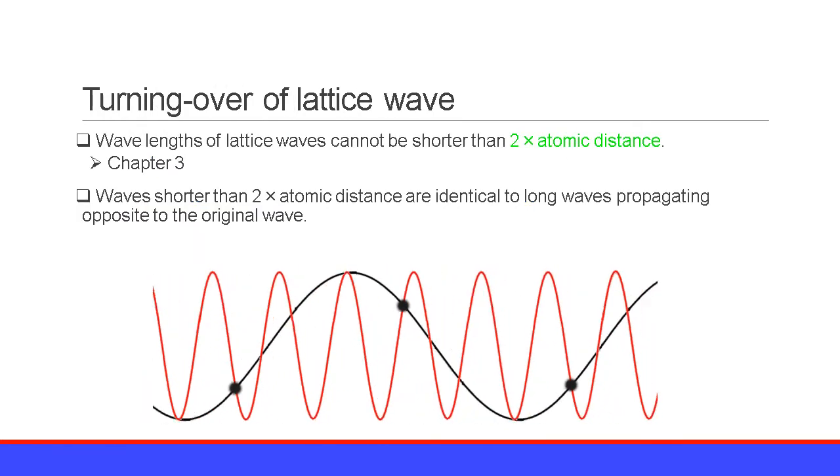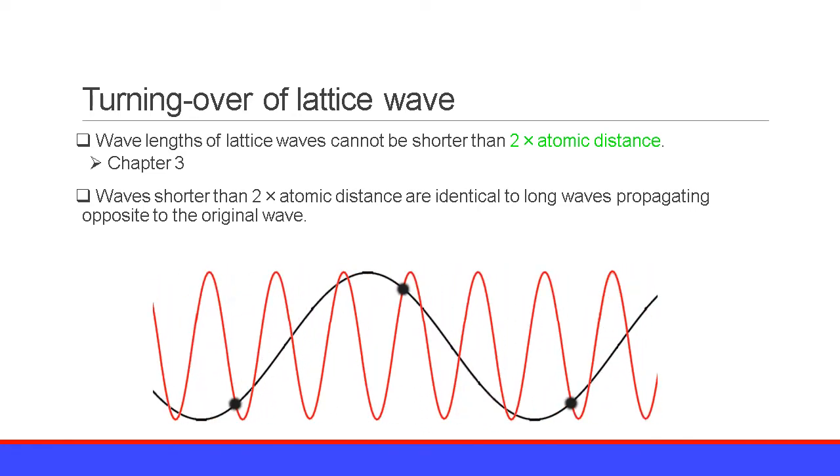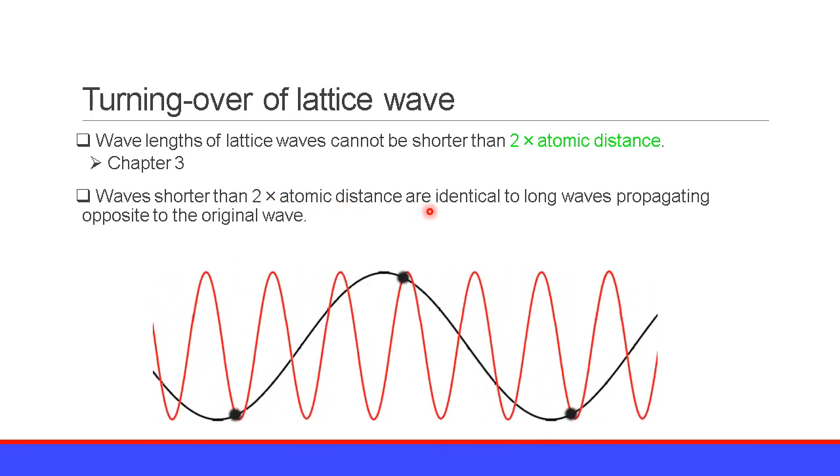In chapter 3, we learned that the wavelength of lattice vibration cannot be shorter than twice the atomic distance, and waves shorter than 2 times the atomic distance are identical to long waves propagating opposite to the original wave. This animation shows such situations.